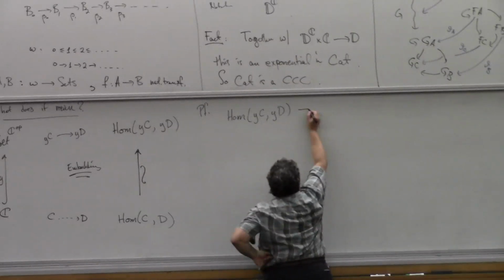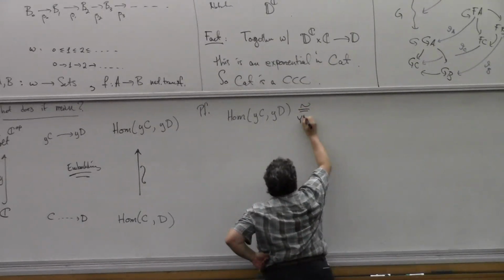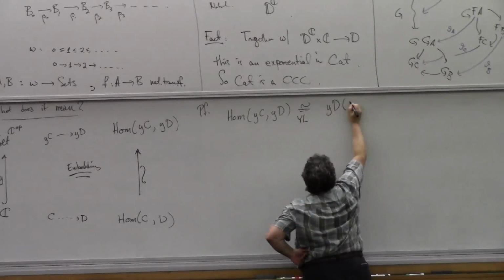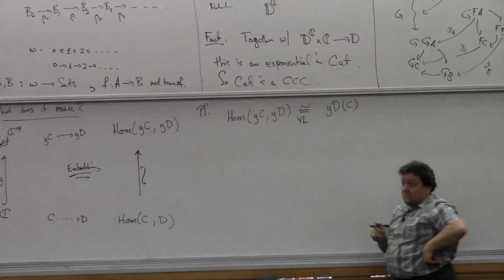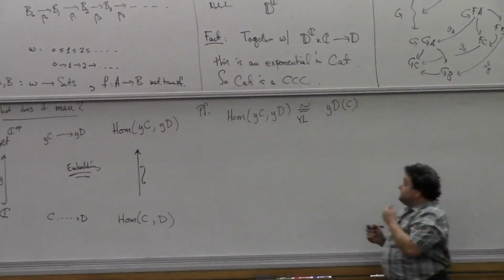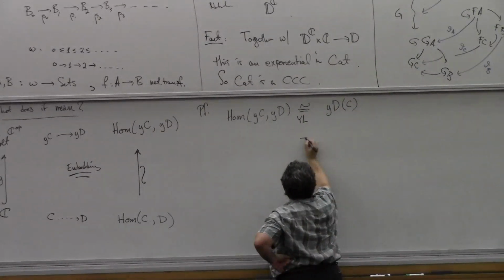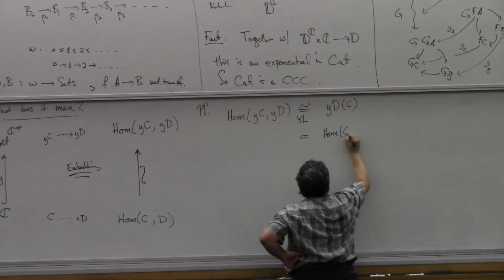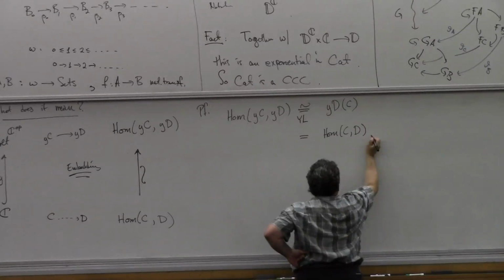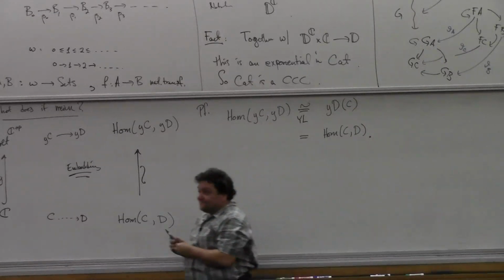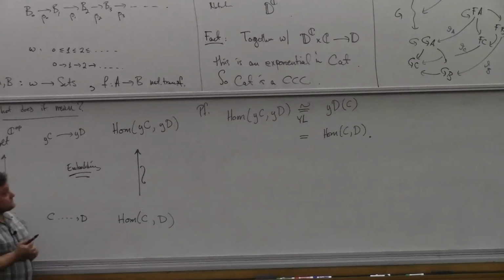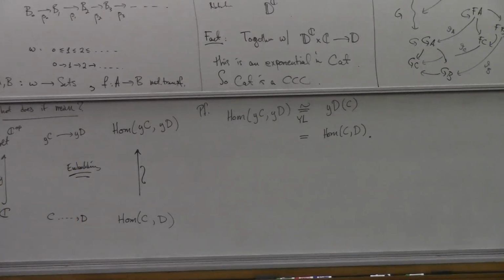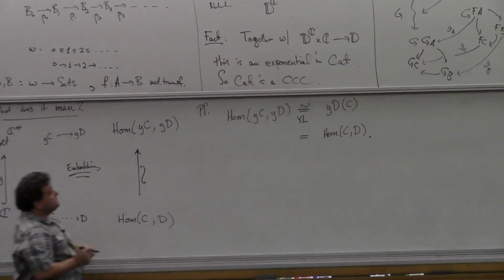Apply the Yoneda lemma to get y_D(C). But what is the definition of y_D(C)? It's Hom(C, D). Good? That's exactly what we're trying to show here. Okay.